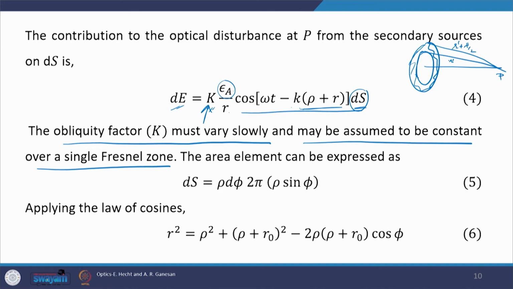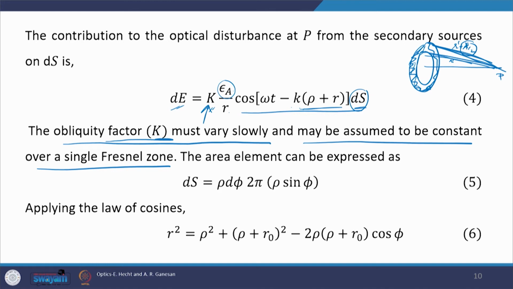Therefore, the effective difference between the two distances is lambda by 2, and this says that the width of this ring would be very small. Therefore, we may assume that theta does not vary over a single Fresnel zone or over a single annular ring, and if theta does not vary, then k also remains constant. Therefore, we can assume that the obliquity factor is almost constant, it varies very slowly.